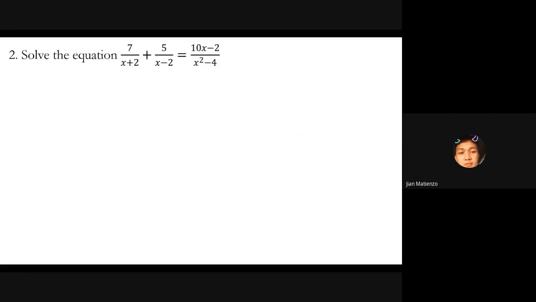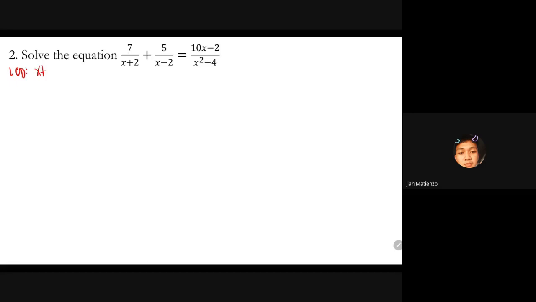So we have now solved the equation 7 over x plus 2 plus 5 over x minus 2 is equal to 10x minus 2 over x squared minus 4. The first thing that we are going to do there is to find the LCD, or the least common denominator.